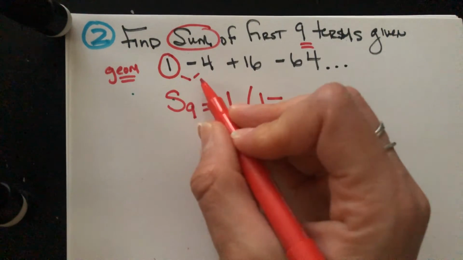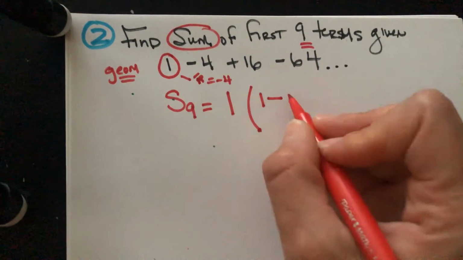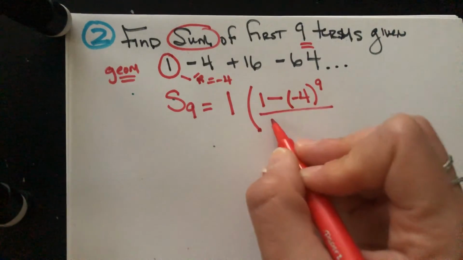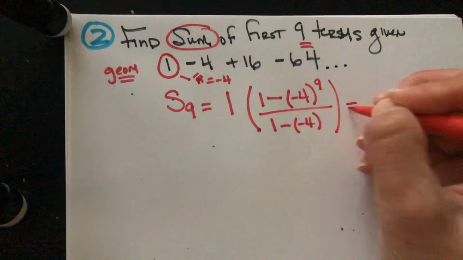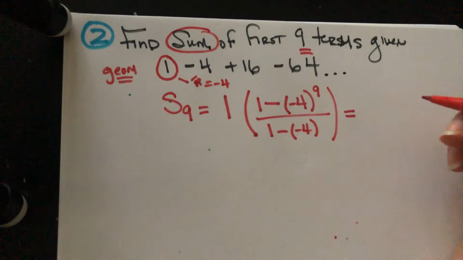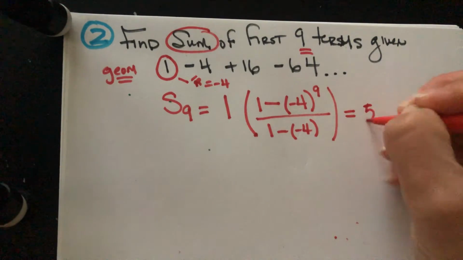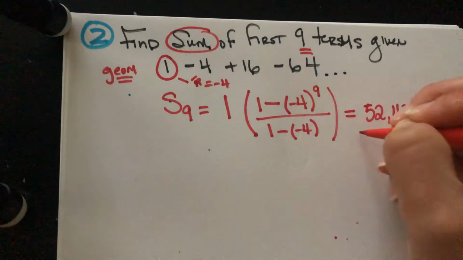How are you multiplying? The common ratio is -4. Use parentheses. Raise it to the 9 over 1 minus -4. Close it. Again, make sure you know how to do this with your calculator. So when you look at it, you should be okay. And then, final answer is 52,429.